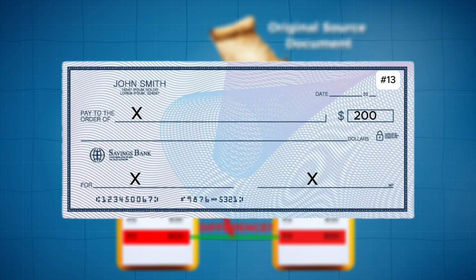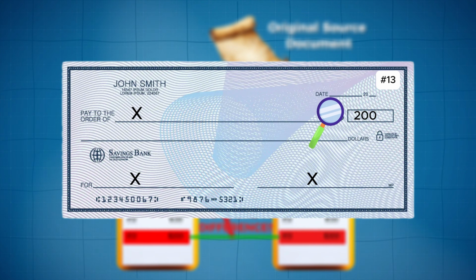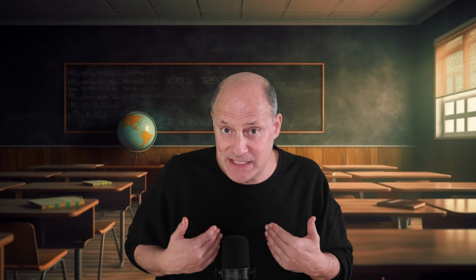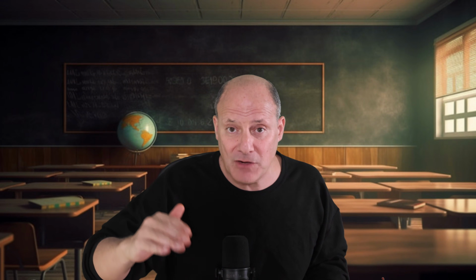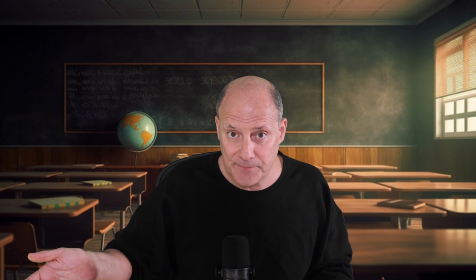When you look at the actual check that you wrote, you will immediately know who made the mistake. If you make the mistake, you simply pause the bank reconciliation process, go and fix your mistake, then go back to the bank reconciliation process and continue to compare your transactions to the bank's.